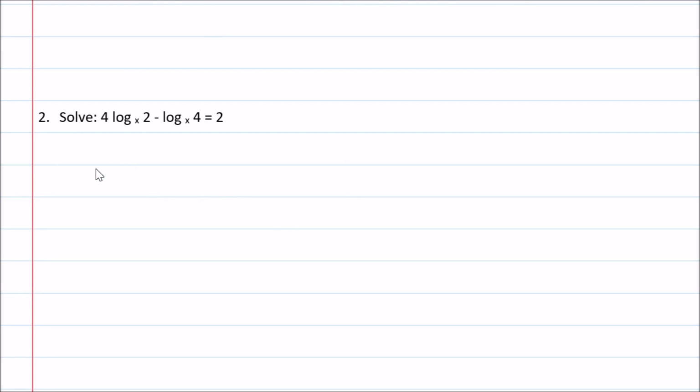first of all, we'll apply the power rule because 4 is here. So 4 will be shifted here. So we can write log of 2 to the power 4 base x minus log base x 4, and that is equal to 2.